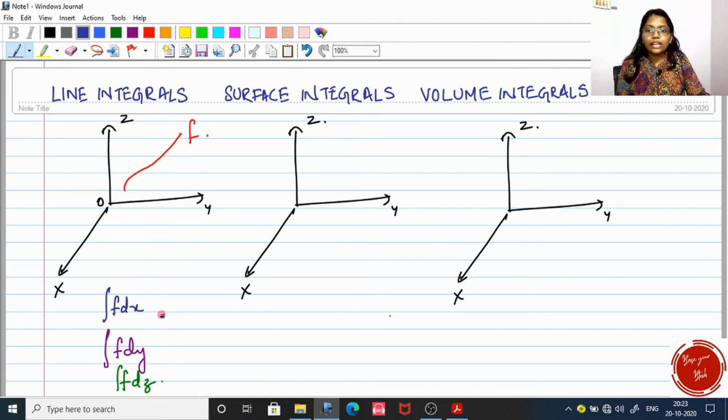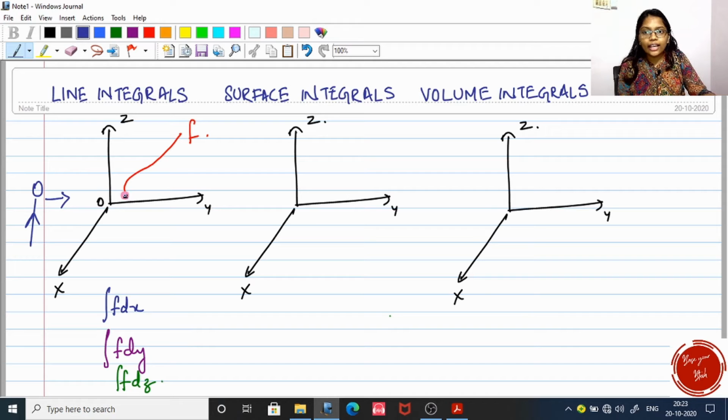For integral f dx, you have to look at the function from this position. That means your left side must have the origin and your right-hand side should have the positive x-axis. While looking from here, you can see a projection of this function, isn't it? This function has a three-dimensional movement, but still if you look from this side, you can have a projection of this particular function.